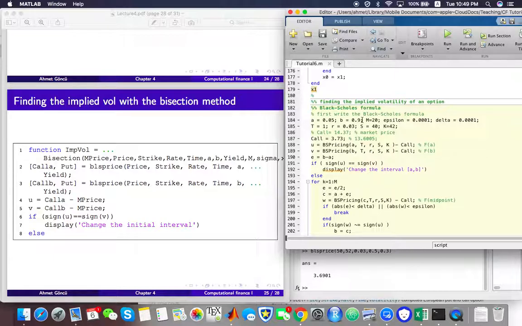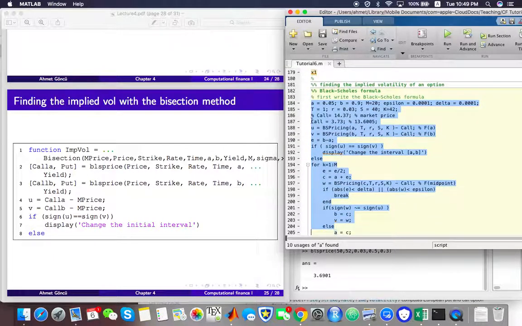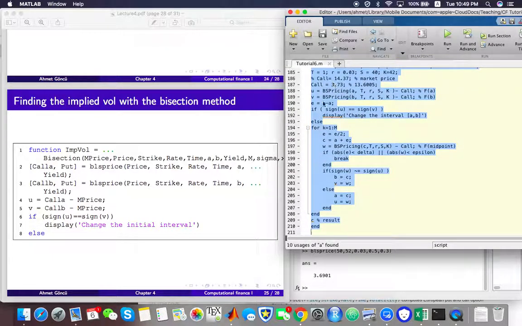So this is the volatility. We can run our code with these test example values and see whether we can get the correct answer. If I run my code, I see that the implied volatility that I get is around 25%.